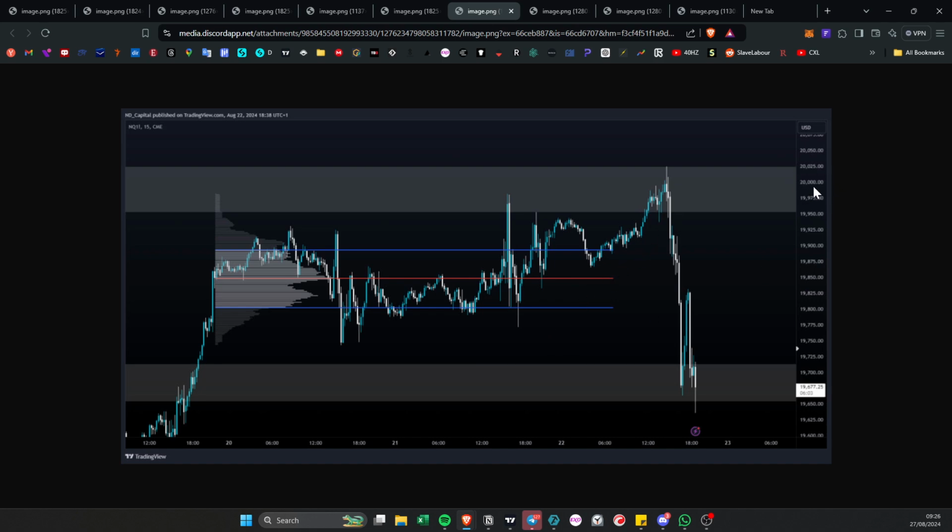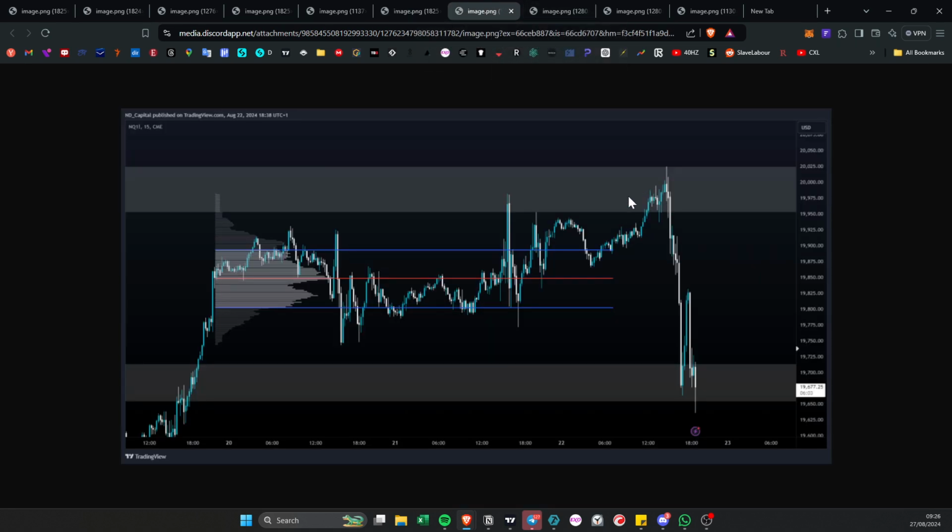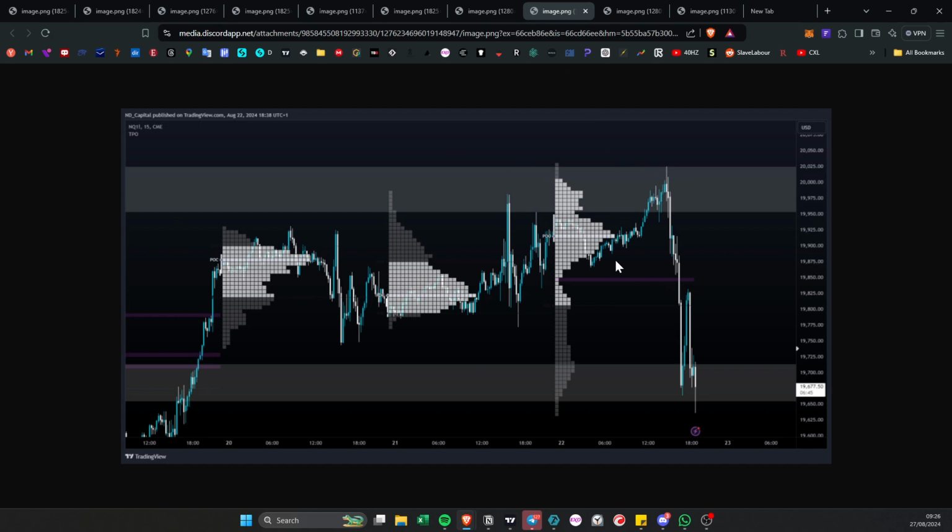Also we have the psychological 20,000, not only the point of control. So yes, it made sense for this to be a morning top reversal. In a morning top reversal, you attempt to break out of previous day value or multiple days of value. In this case, both. So you checkbox these things.